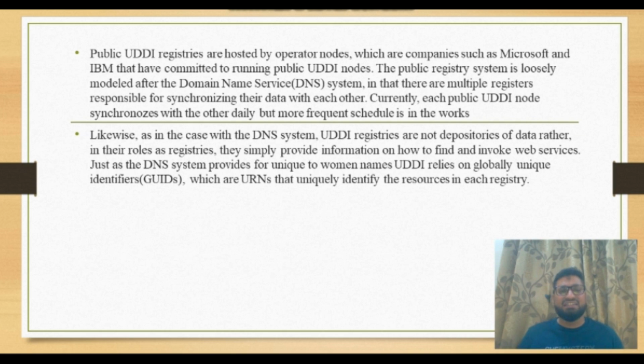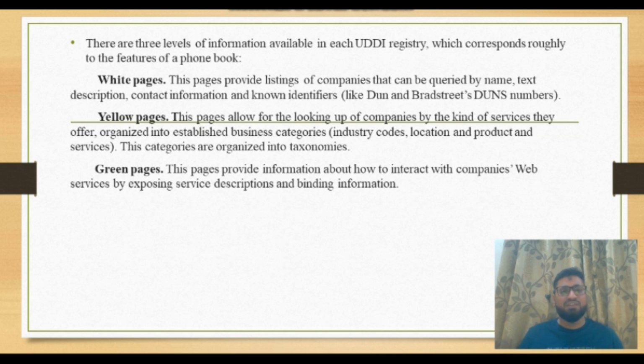Just as the DNS system provides for unique domain names, UDDI relies on globally unique identifiers, which are URNs, that uniquely identify the resource in each registry. There are three levels of information available in each UDDI registry, which correspond roughly to the features of a phone book. First one is white pages.